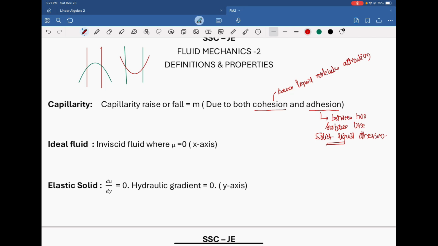This is called capillary depression or capillary fall. This is called capillary rise.